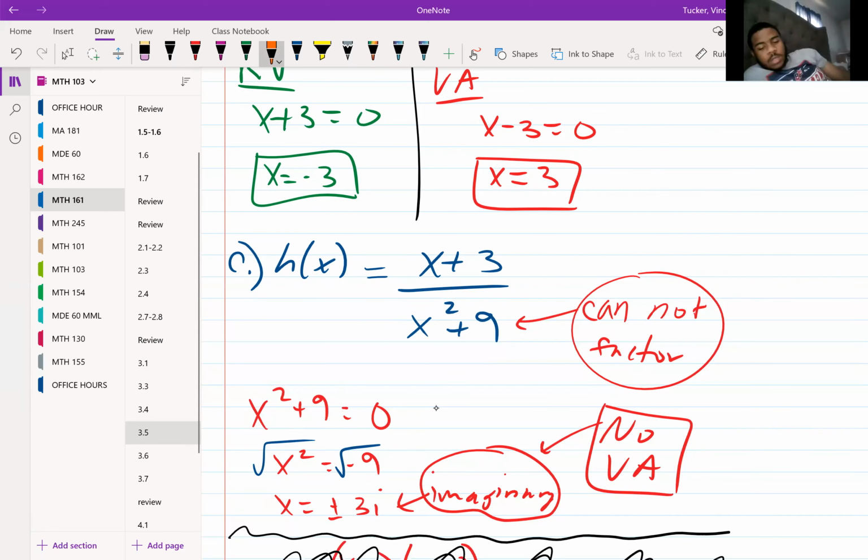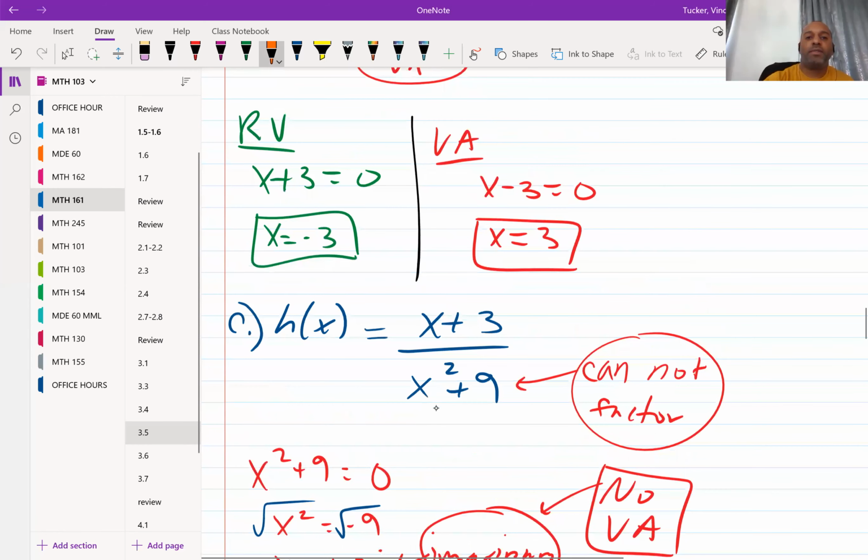Which meant that when you put it in the square root, you get an imaginary number. VA means vertical asymptote, right? Vertical asymptote. What does RV stand for then? Restricted value.